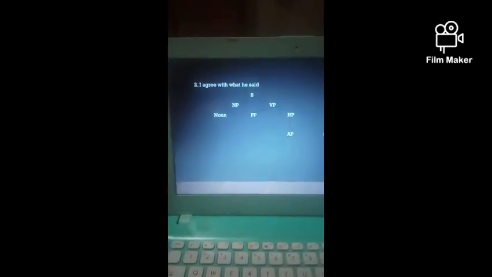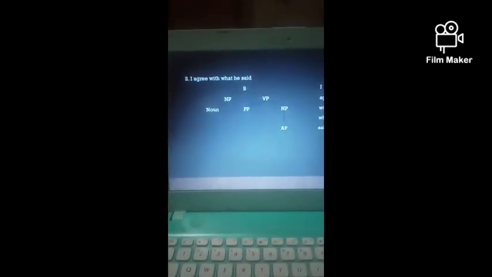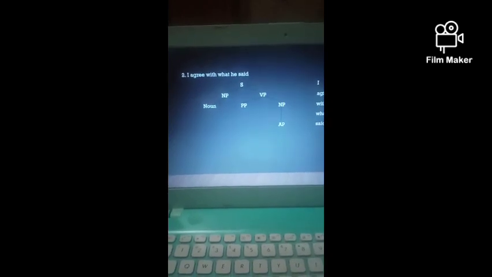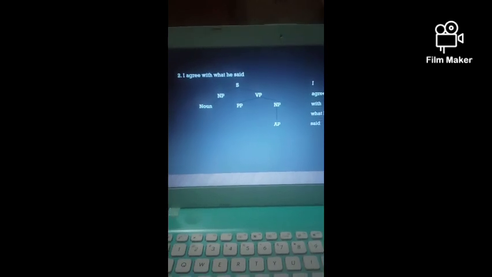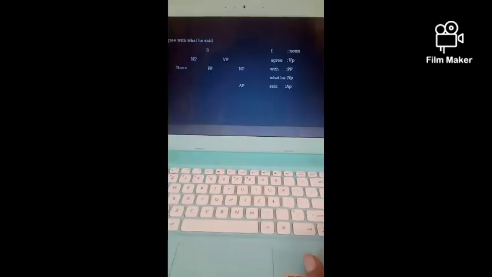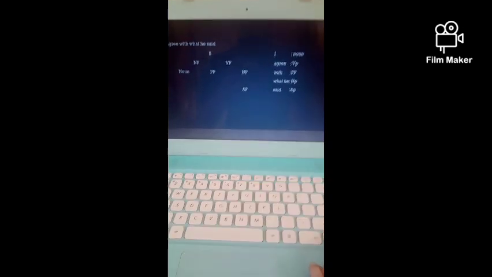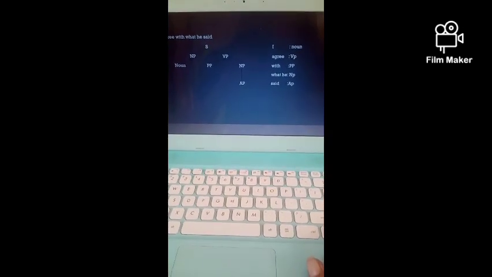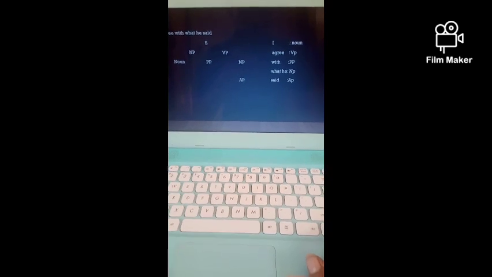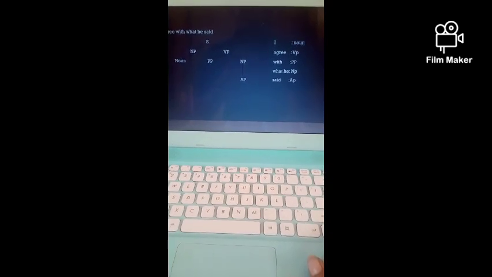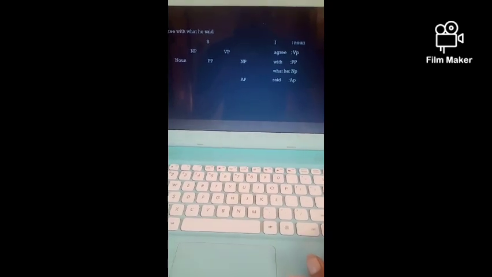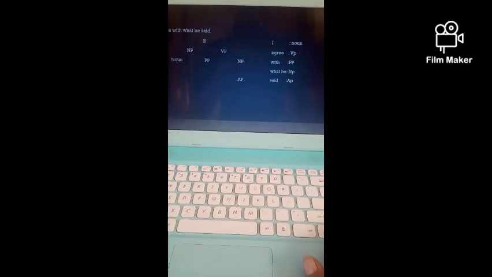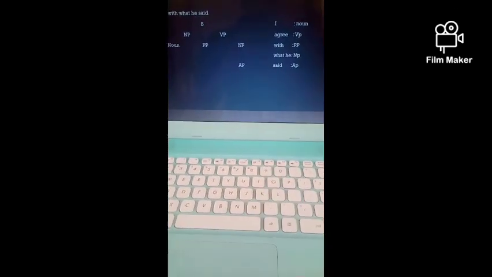The next is: I agree with what he said. I is a noun, agree is a verb phrase, with is a preposition phrase, what he is a noun phrase, said is an adverb phrase.